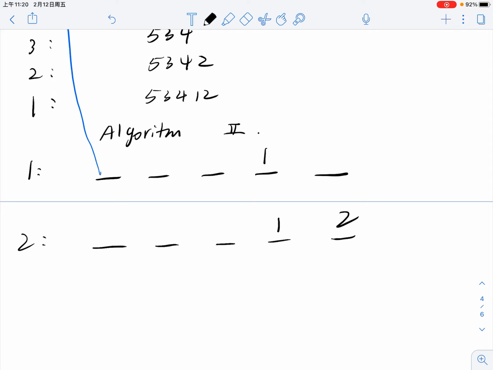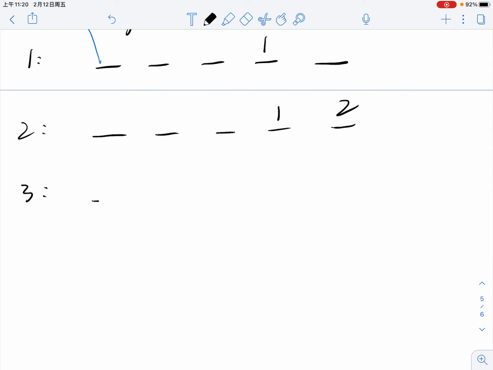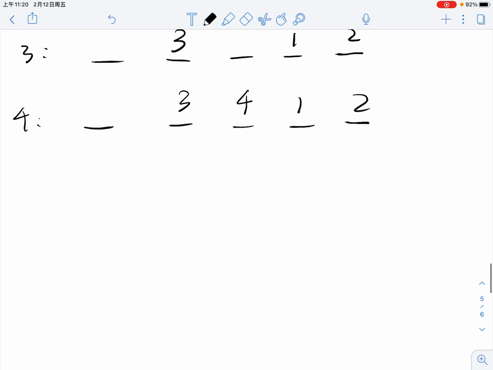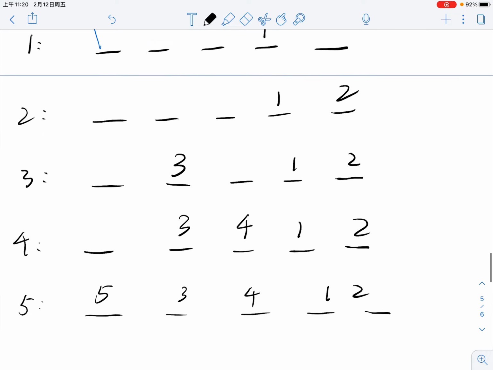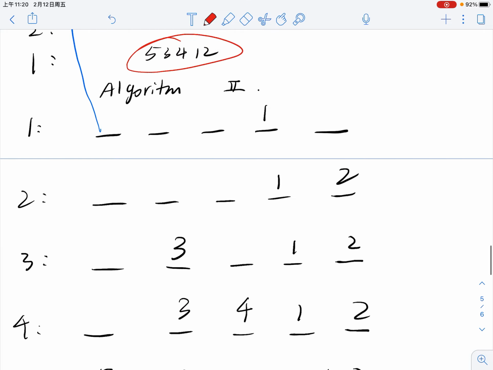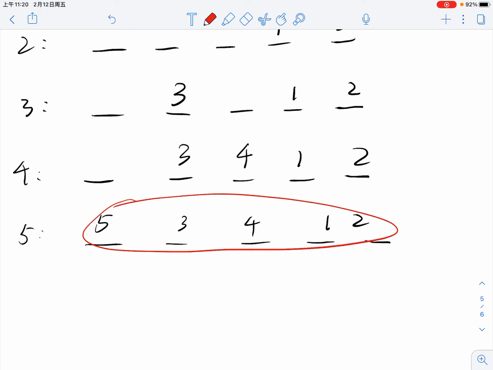So 2 should be here. And then you have 1. So you should put 3 in the second position. You have 1 again, so you need to count the second empty position. 4 should be here. And 5 occupies the remaining position. And then you note that they give you the same answer. They should give you the same answer.